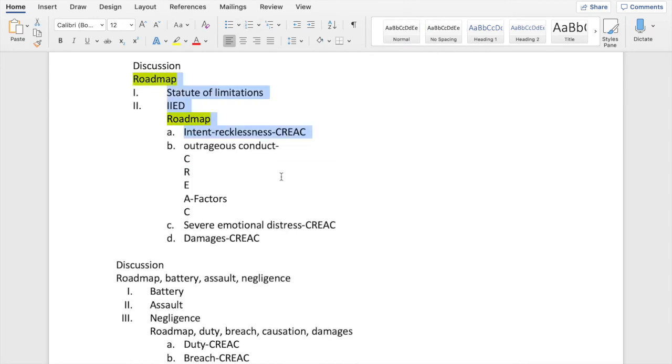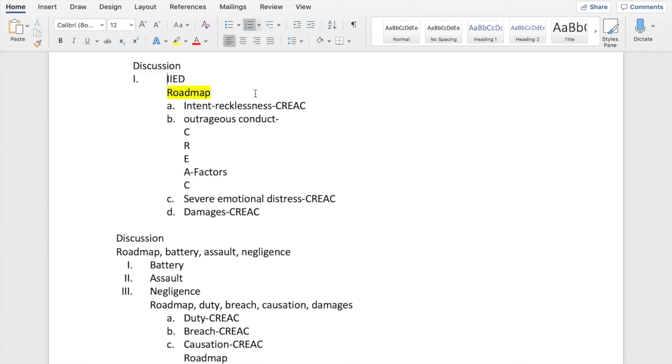Now, here's something else. Let's say, hint, hint, you had a memo problem where you had a single legal claim, such as IIED or perhaps something else, and that claim had multiple elements. You would have a roadmap and then a CREAC for each element.